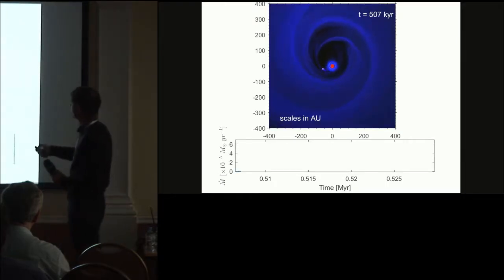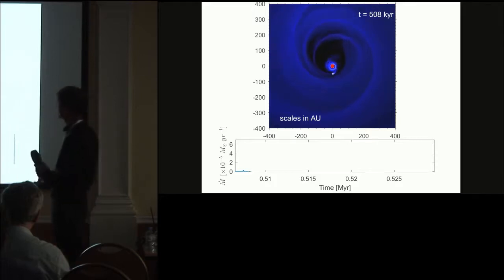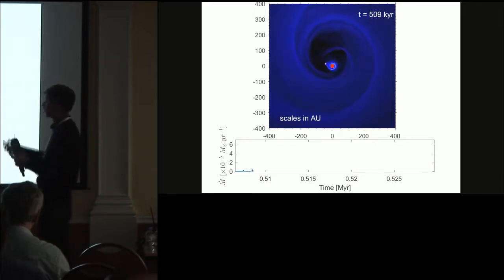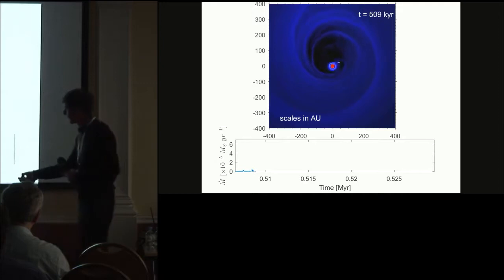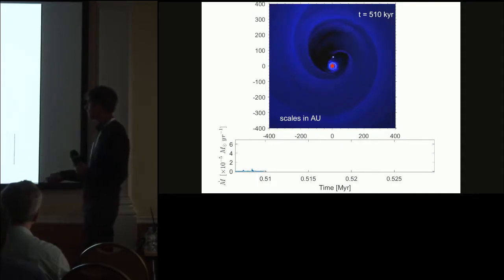So let's see it again. You see that as it comes closer, it becomes compact. As it goes further from the star, it expands. But when it approaches closer to the star, it can lose part of the atmosphere and produce a burst.